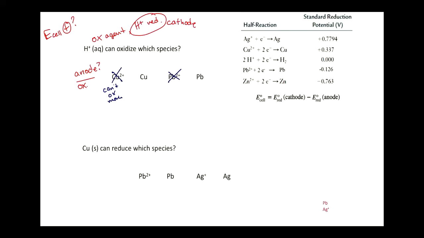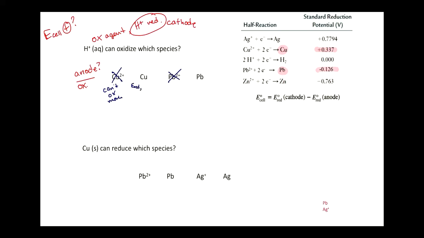So if these substances are the anode, they are the second component here. If we look at this table, where is copper? Right there, and lead is right there on this half-reaction list, and those are our two reduction potential values. So we can write these down here.